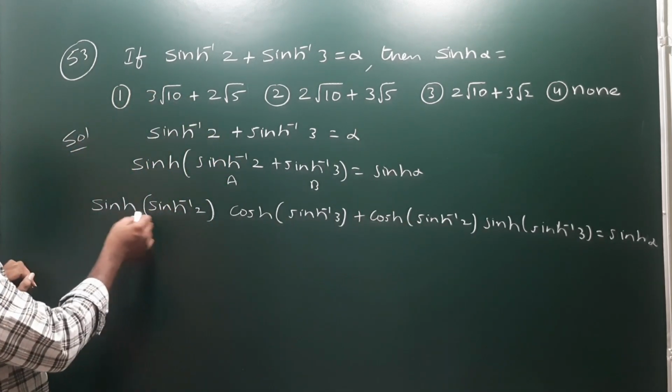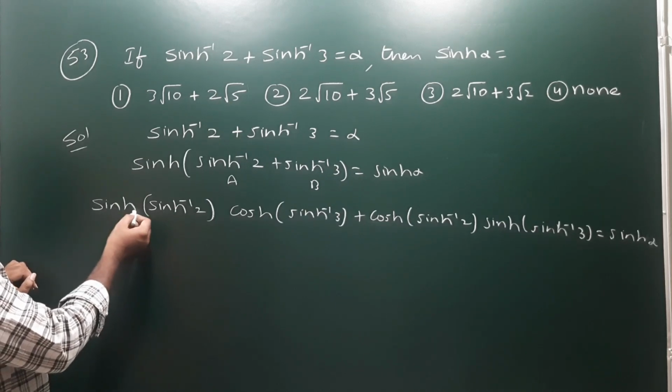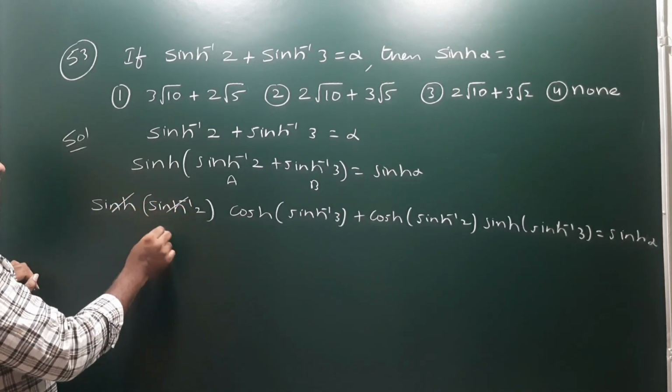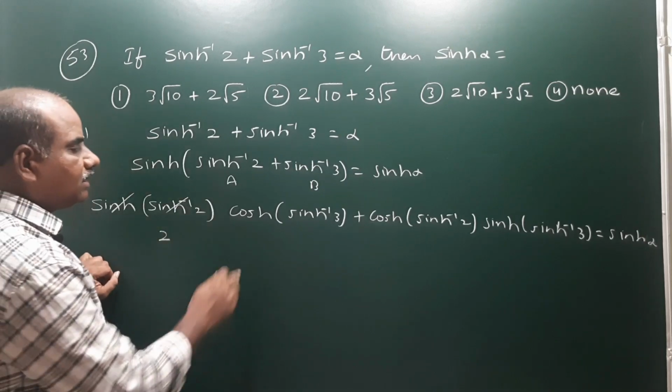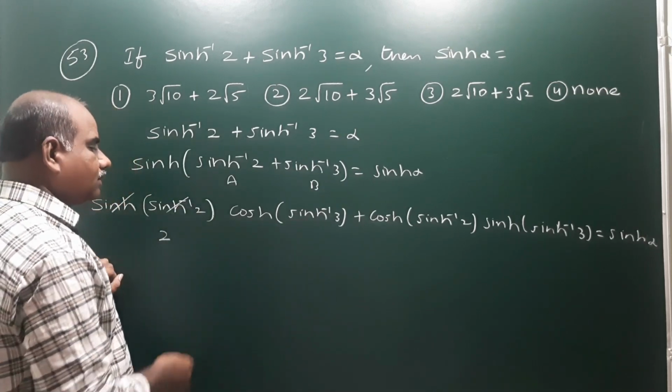These two are reciprocal to each other, sinh of sinh inverse, so both are cancelled, we get 2, and cosh of sinh inverse 3.